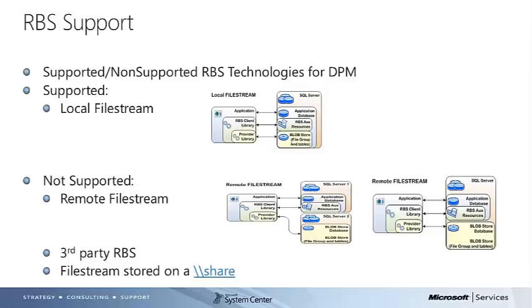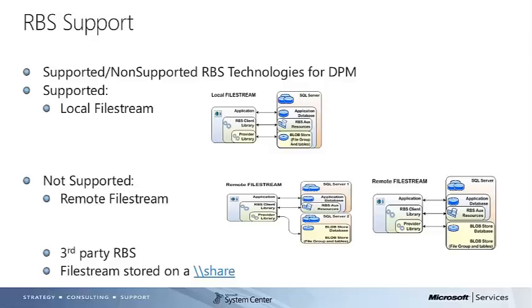So this is not DPM specific to RBS. It's specific to DPM protecting SharePoint that's using RBS. So what is supported is it has to be a local file stream. Pretty short list. So in other words, we need the blob store to be local to the application database.